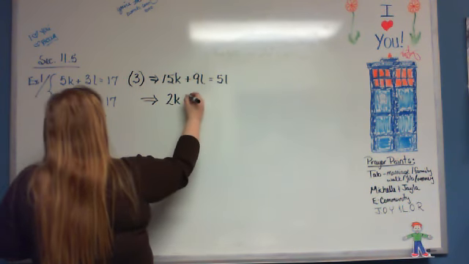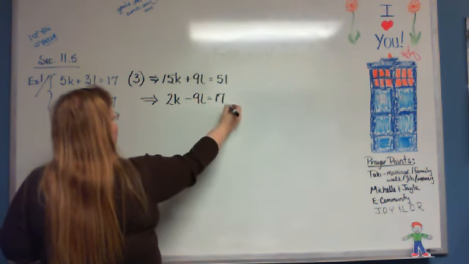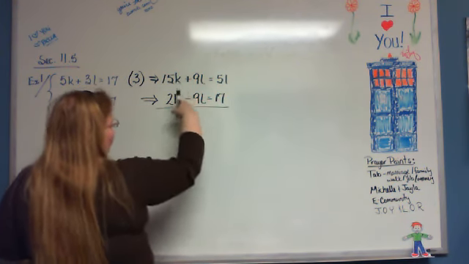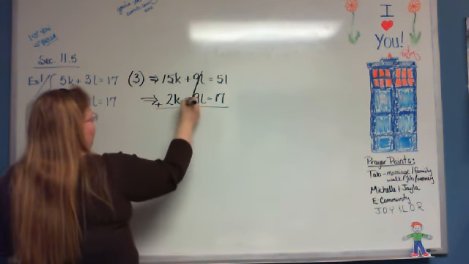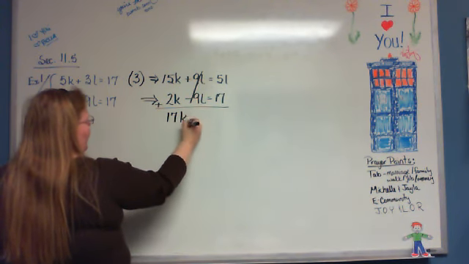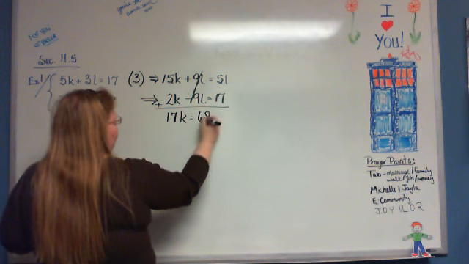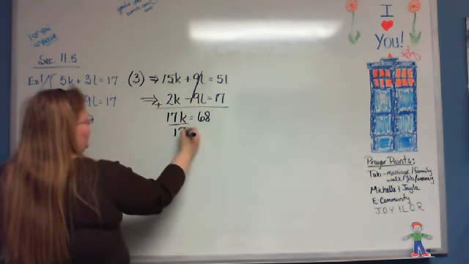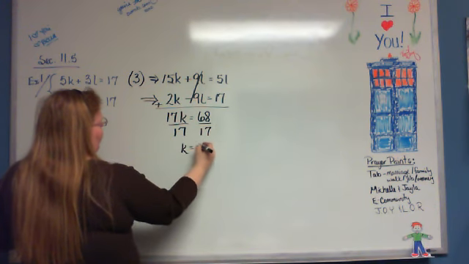And that'll be 2k minus 9l equals 17. Now I have something that'll cancel out, and I can go ahead and add them. When I do that, I end up with 17k equals 68. I can divide both sides by 17, and you get k is equal to 4.